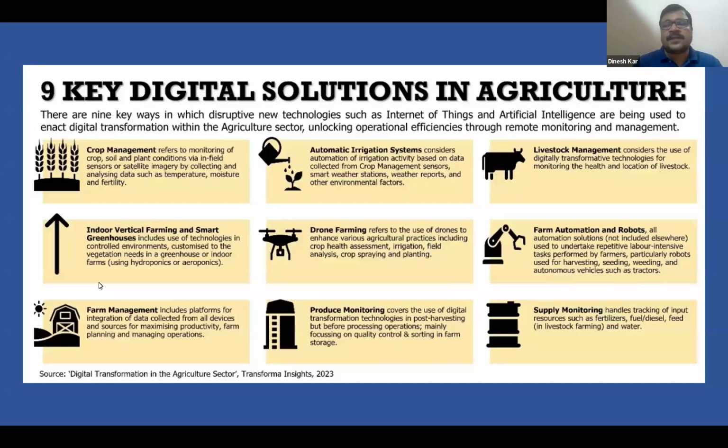Then supply monitoring, from the farm till it reaches the consumer: how the commodity is moving at different stages, how the quality is checked, and what different types of handling are taking place by different players. All this can be monitored. So this is how digital solutions can be used in multiple ways in agriculture.